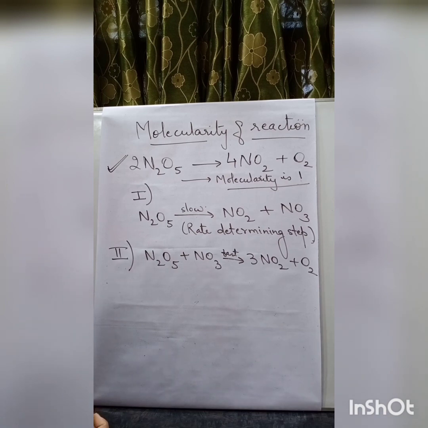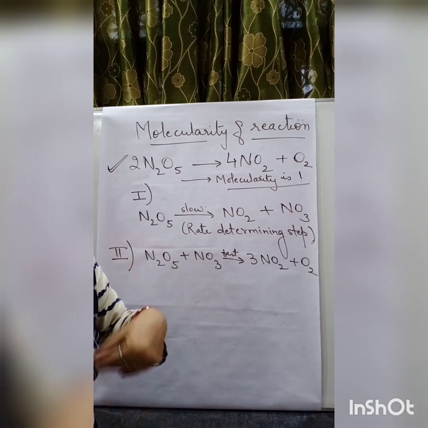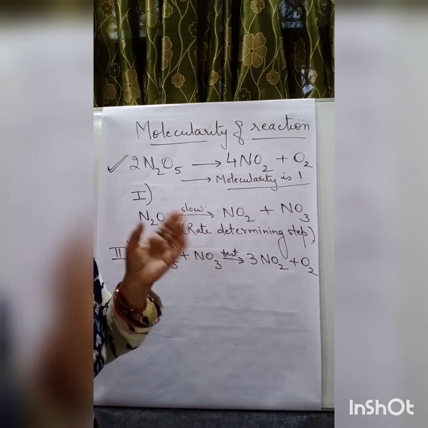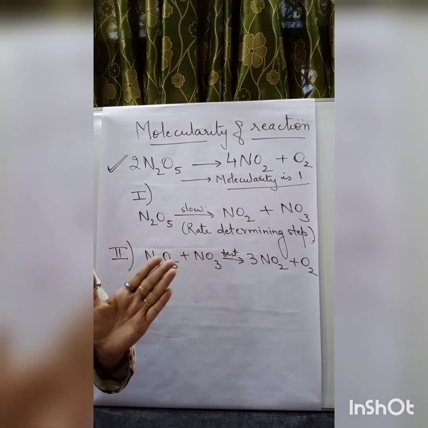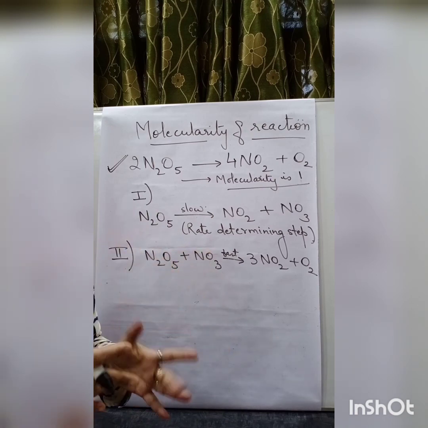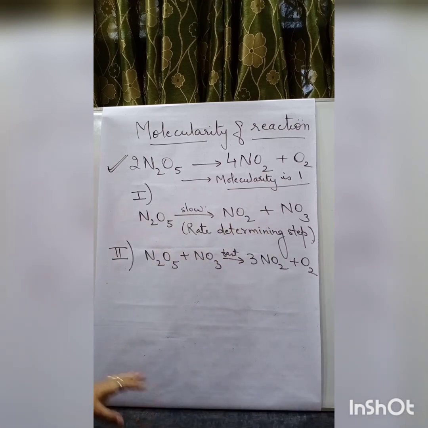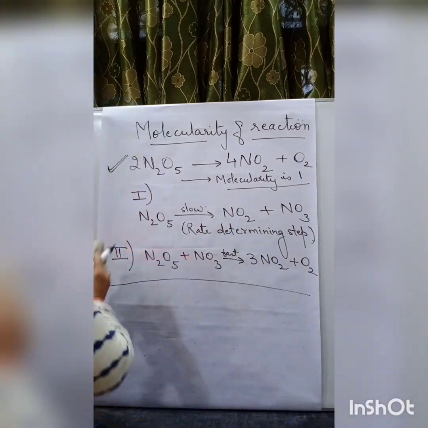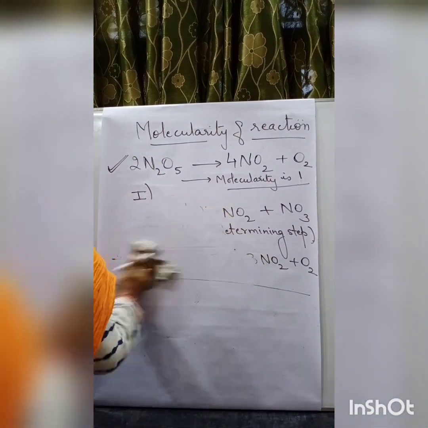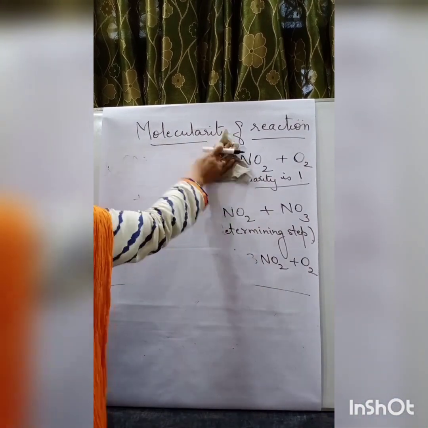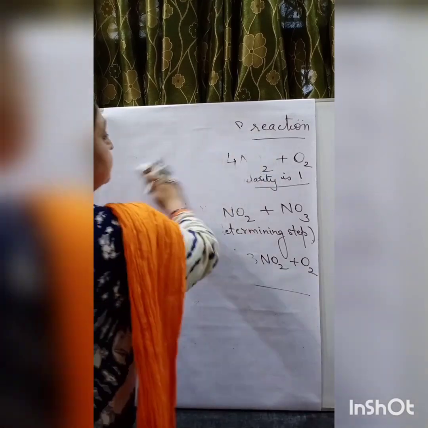So on the basis of this, we can categorize the reaction: unimolecular reaction, bimolecular, trimolecular, tetramolecular. So this bi, tri, tetra, where are they colliding? They must collide in the rate determining step. Now we will see the difference between the order of reaction and molecularity of reaction.